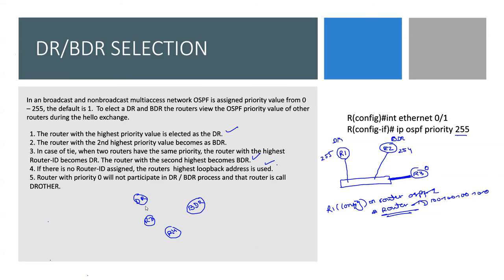But what happens is the DR is the one that receives all the information from these routers. And also these DR others will be communicating with the BDR at the same time. And this is a bi-directional communication, but any link state updates will be done through DR only, right?